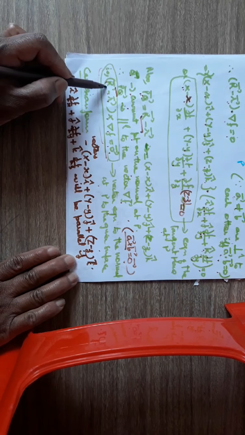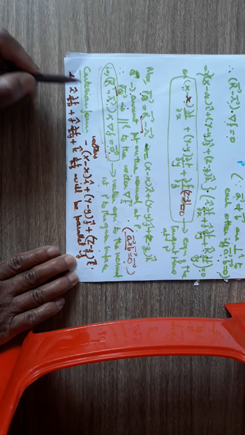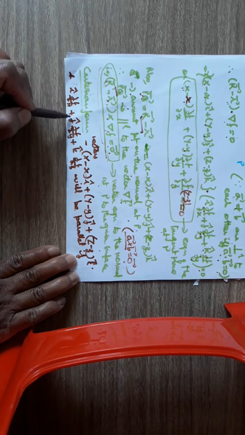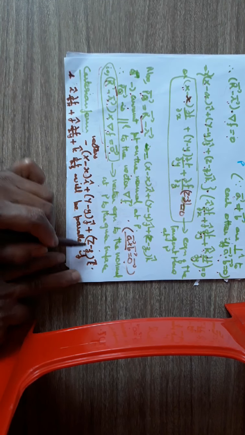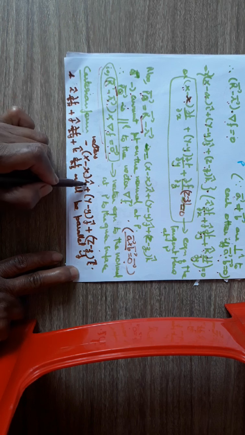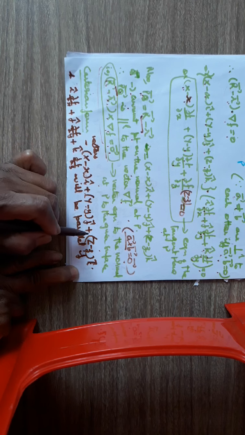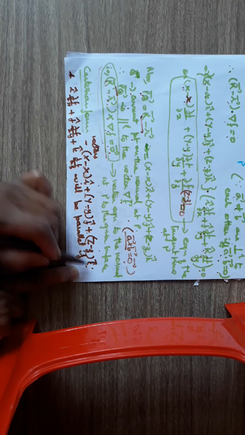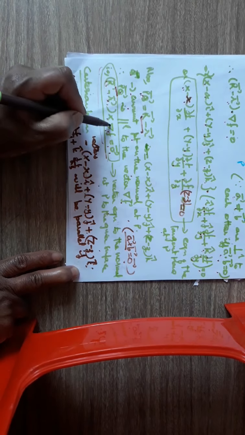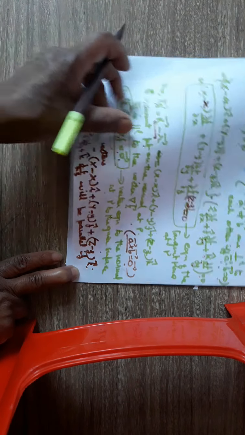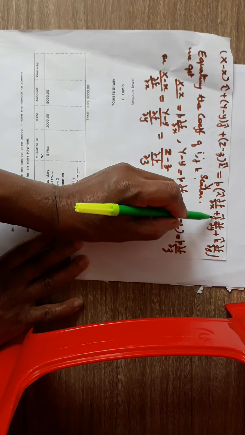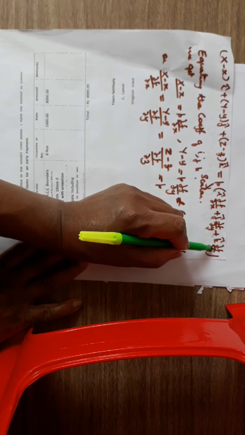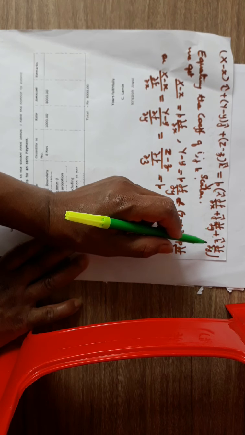You have these two vectors, R bar minus small r bar and the gradient of f, which will be parallel if one is a scalar multiple of the other. That is, (X - x)i + (Y - y)j + (Z - z)k is equal to p times del f, and p times del f is nothing but i ∂f/∂x + j ∂f/∂y + k ∂f/∂z.